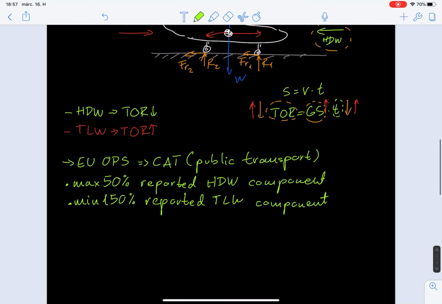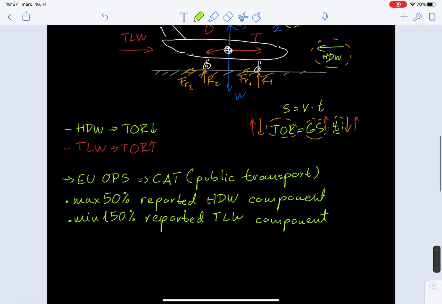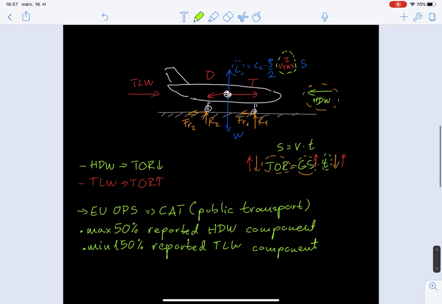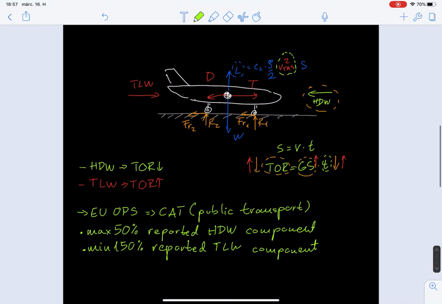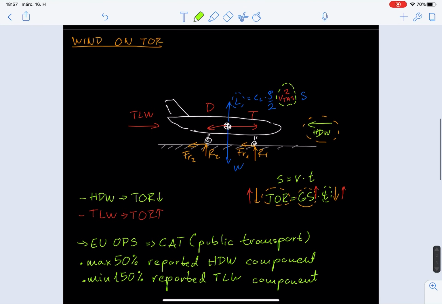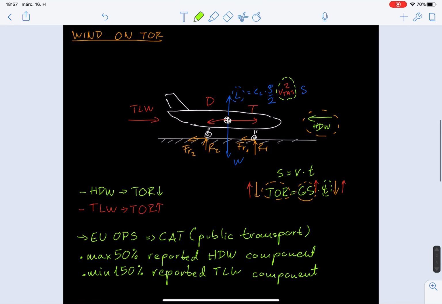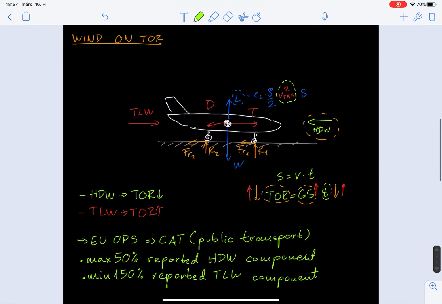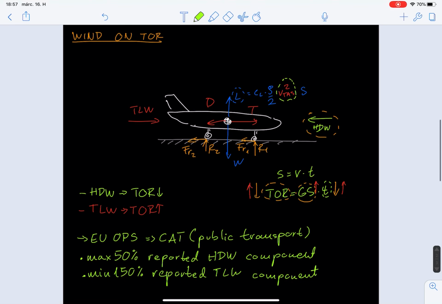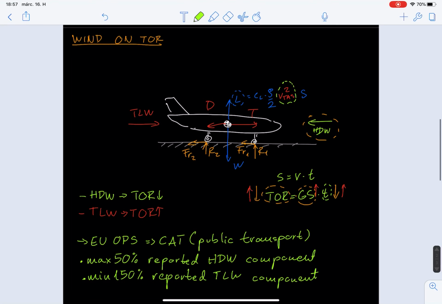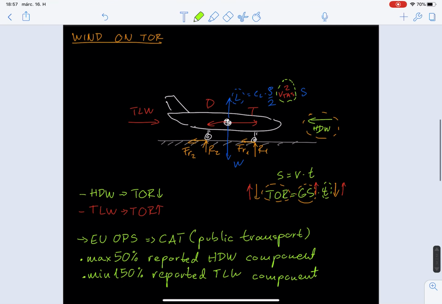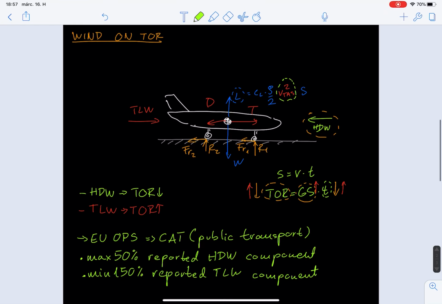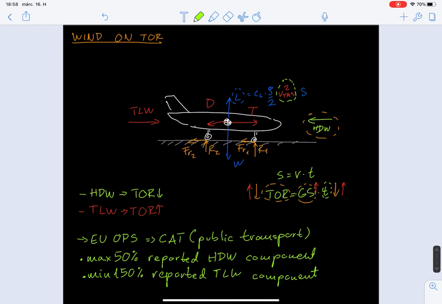And I think it's very obvious that this also is going to basically include a safety factor, because let's say that you have a 10 knot headwind, right? And you have calculated your takeoff run with this 10 knot headwind. But as you will see, in reality, wind is not this constant. So of course there's going to be changes in the magnitude and also in the direction of the wind. So either of these changes is going to lead to a difference in the actual headwind component.